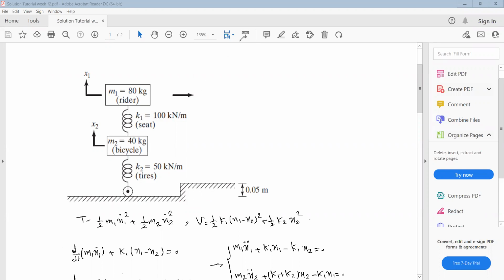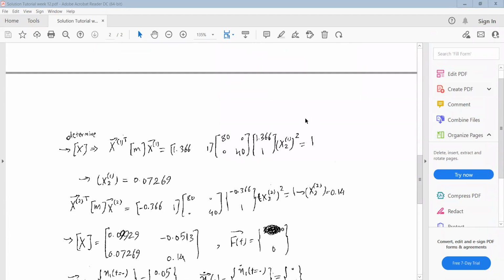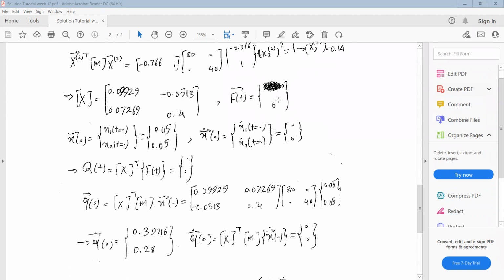So the matrix F, the external force, is 0 and 0, but the initial displacement for both terms is 5 centimeter or 0.05 meter, and the velocity is 0.